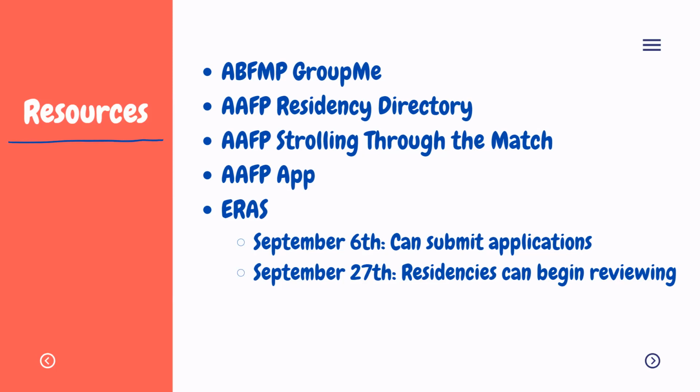And then as you already know, ERAS opened June 7th. You can start submitting on the 6th of September. However, residencies don't actually see applications until the 27th. One of the biggest things I always stress is if your application is not ready by the 6th, do not submit it. Submit on the 7th, the 10th.